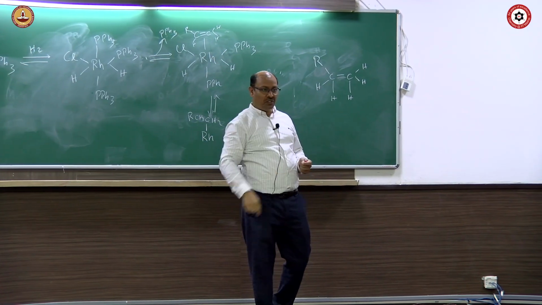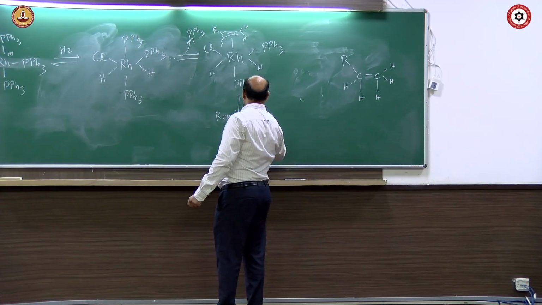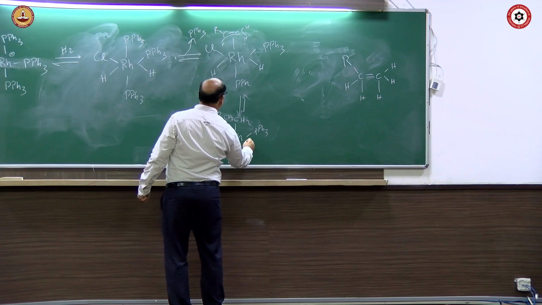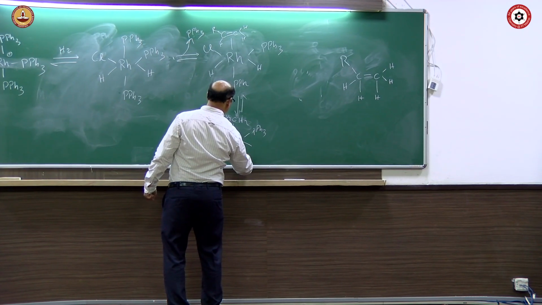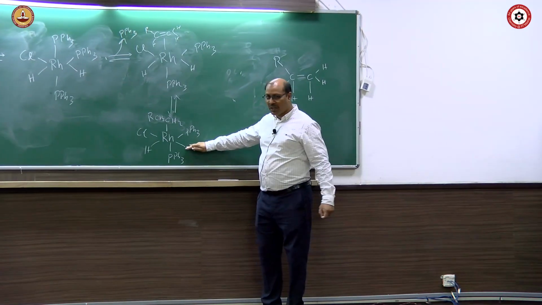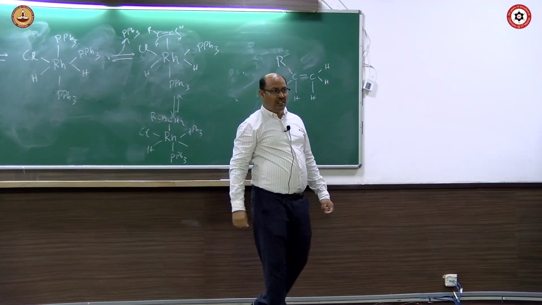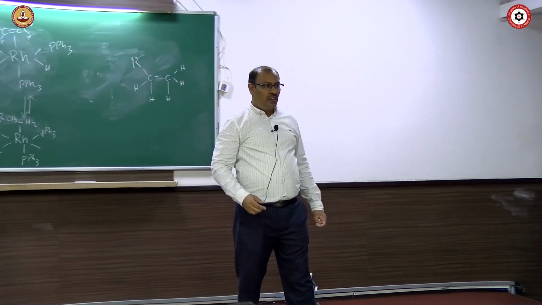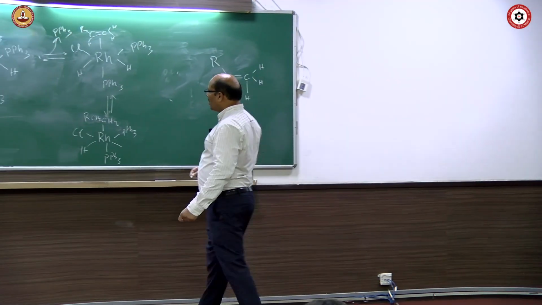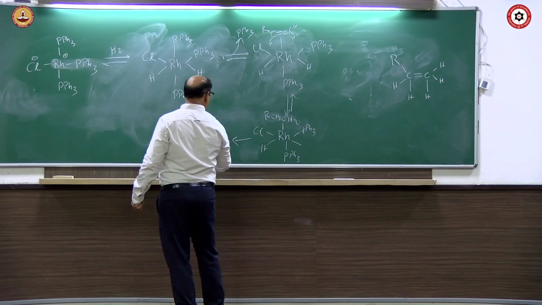So that carbon connects to metal. And this side will become free. If this hydrogen from here migrates, that becomes free. That free site can be occupied by either a solvent molecule or triphenyl phosphine. Let's say a triphenyl phosphine comes there.